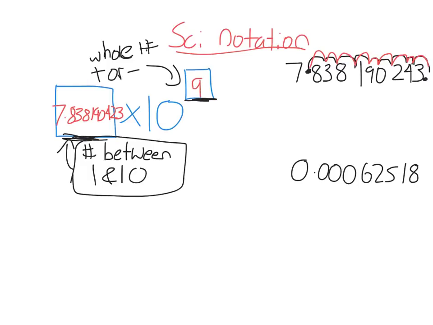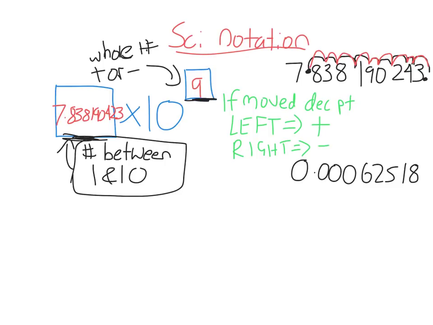How do you tell whether the number that goes in that second box in the power is positive or negative? If you moved the decimal point to the left, the number in the second box is positive. If you moved it to the right, the number in the power box is negative.